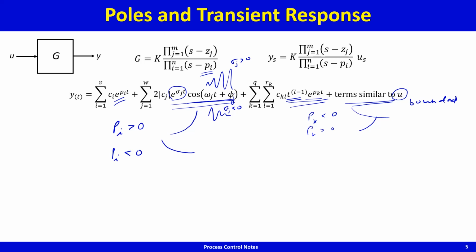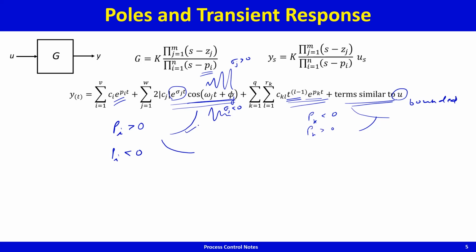If the pole has only a real part, you need to see whether it is on the negative real axis or on the positive real axis. Negative real axis means transients are going to decay, system will settle at a steady state. On the other hand, if the real root is on the positive real axis, then the transient is going to blow up like this.